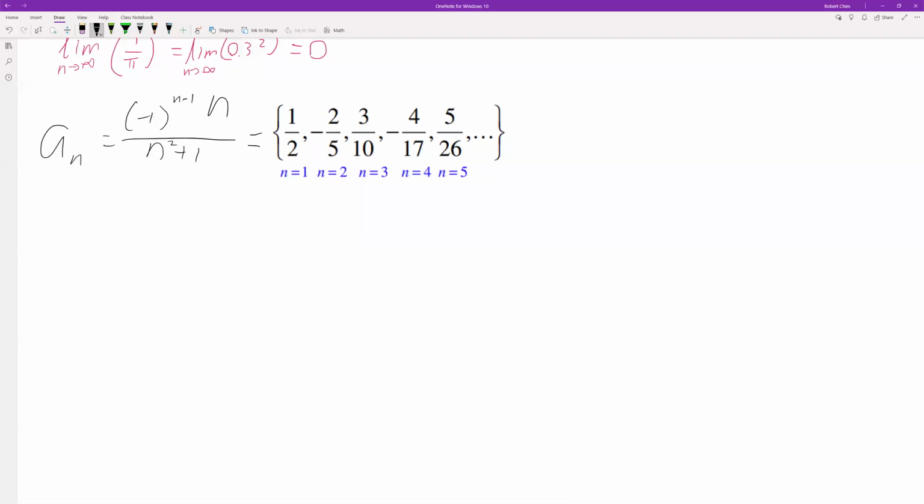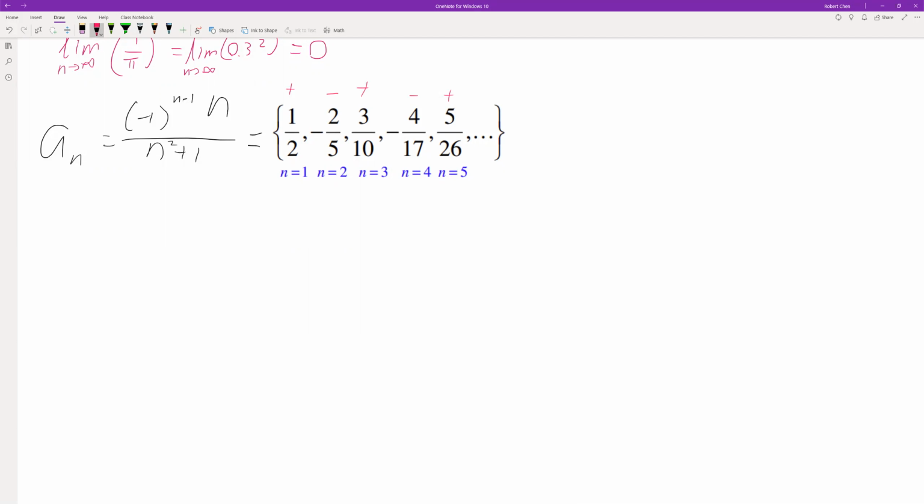All right, so next one we have (-1) to the power of n minus 1 times n squared plus 1. And then here are our first few terms, right? So notice that if you look at the sequence, it's actually alternating in sign. So the first one is positive, the second one is negative, positive, negative, and positive.